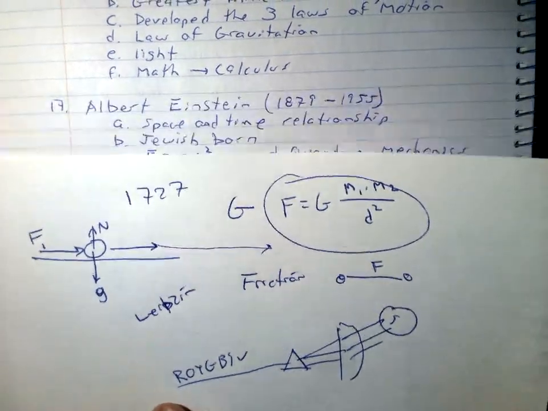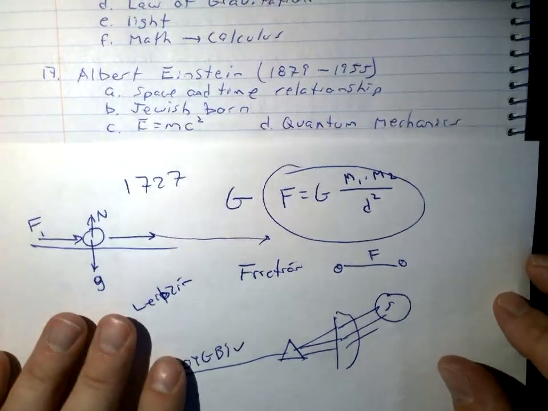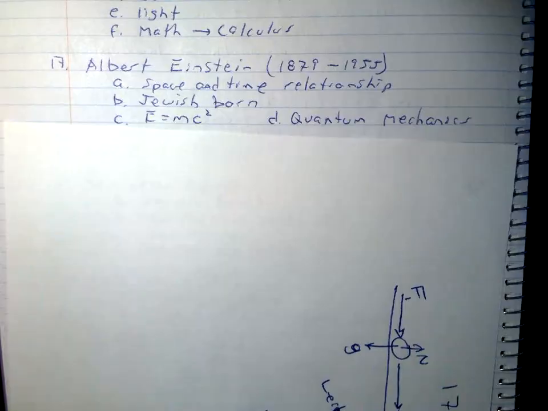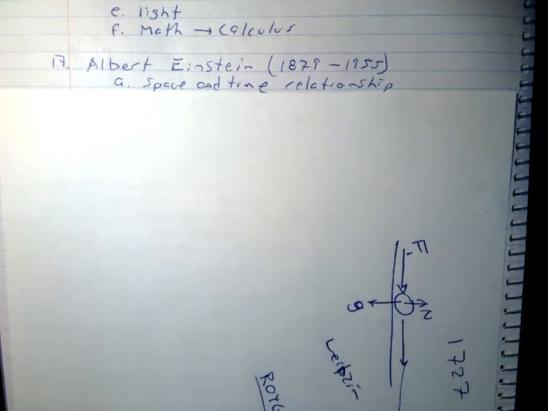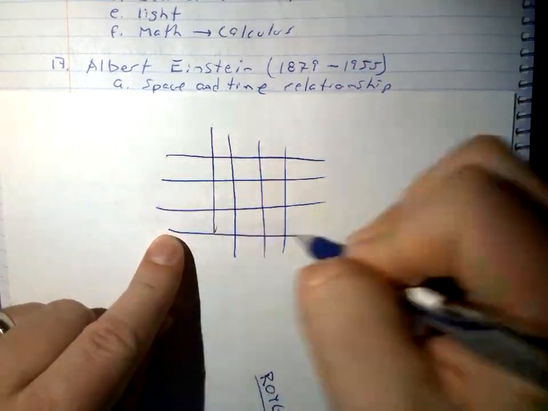It was fantastic. Well, now things are going to change a little bit. Albert Einstein, if you don't know about him, he had the crazy hairdo and stuff like that. He gave us the space and time relationship. Let me show you. We have this coordinate system in space and time.